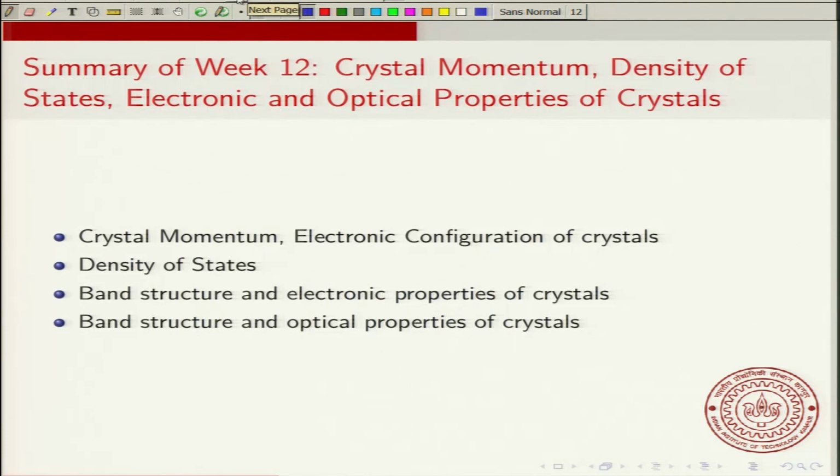So what did we learn in week 12? We first learnt about crystal momentum, then the electronic configuration of crystals, how to fill electrons into bands in crystals. Then we learnt the very interesting and important concept of the density of states.